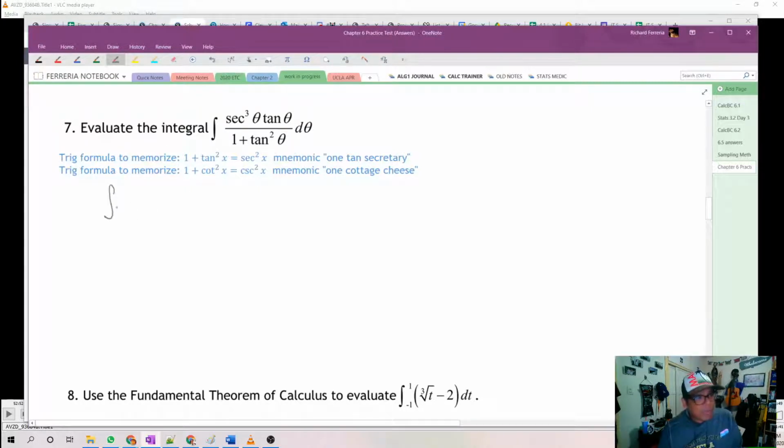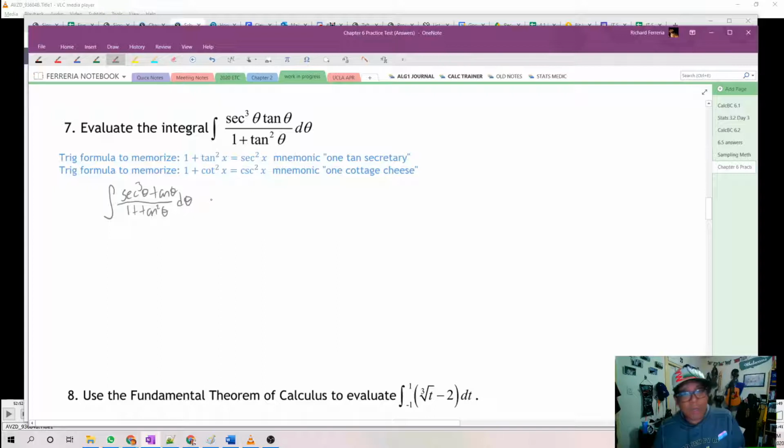If I want to integrate secant cubed theta tangent theta on top of 1 plus tangent squared theta d theta, I have no hope of doing this because this is a very complicated quotient, and of course there is no quotient rule in integral calculus.